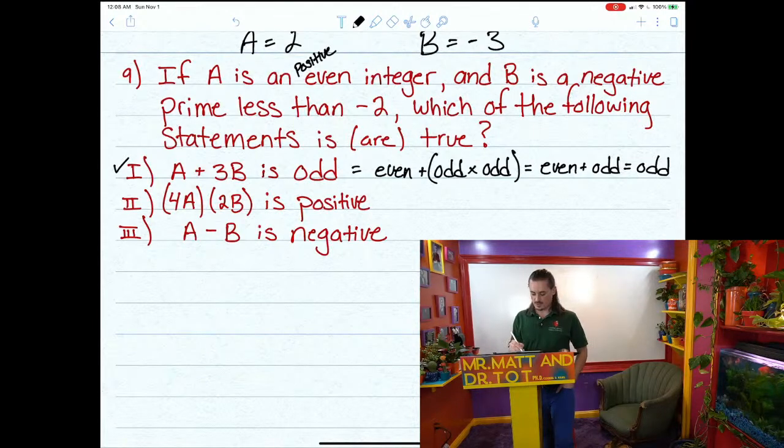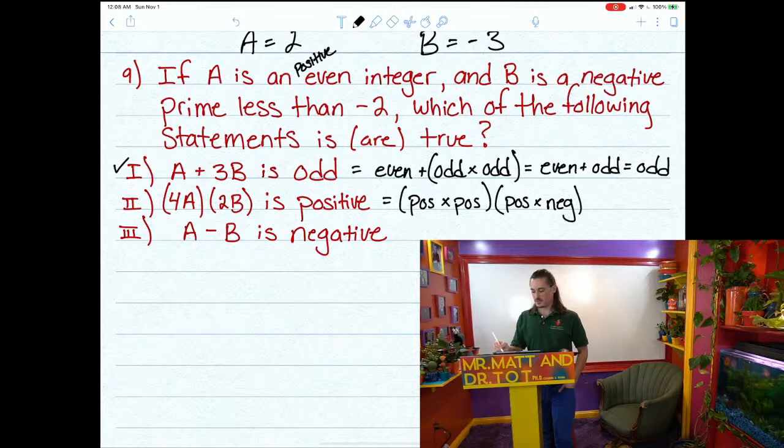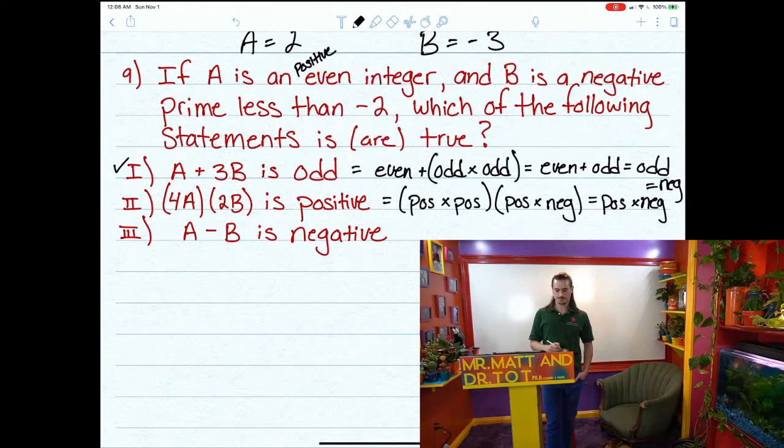So what we end up having here is a positive times a positive times a positive, but b is negative times a negative. So a positive times a positive is going to be a positive, but a positive times a negative will result in a negative, which will ultimately negate the whole thing and turn negative. So statement 2 is not true, assuming that a is positive.